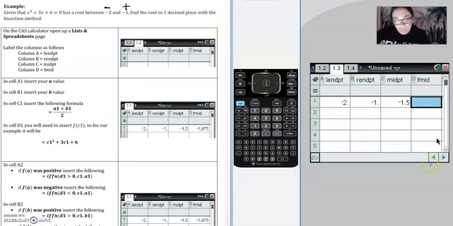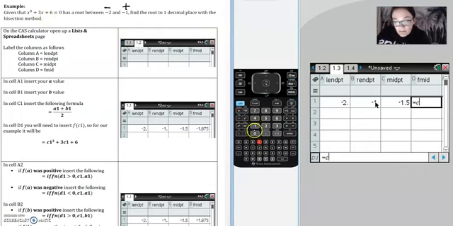Okay, cell D. Now, in cell D, we have to put in the formula. The formula will change depending on what your function is in your question. Column D is substituting C1 into the rule. So, in this rule, x cubed plus 3x plus 6, I'm going to rewrite that, but anytime I see an x, I'm going to put in C1, and this is why it will change every time.